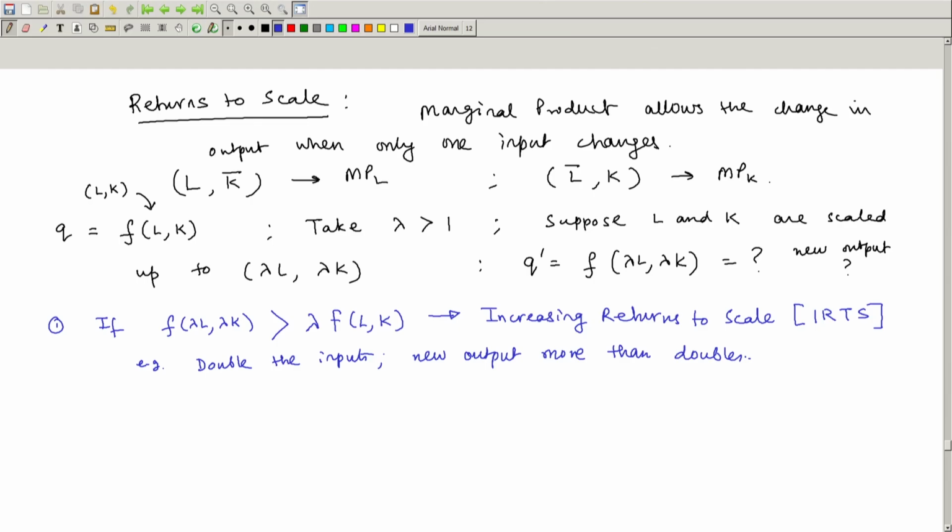Let us take a specific example. Suppose I have a cylindrical pipe and you are transporting water through this cylindrical pipe, and output is being measured by the volume of water that is being sent. I have a cylindrical pipe, the radius is r and the length is L. Now, the volume is simply going to be pi times r square times L, the factor pi multiplied by the square of the radius times the length of the pipe.